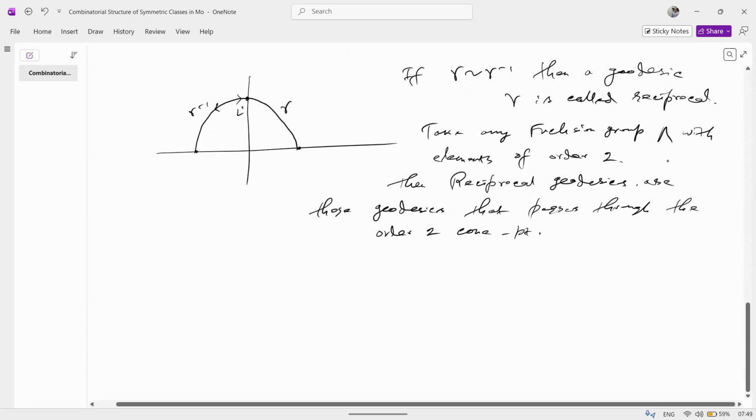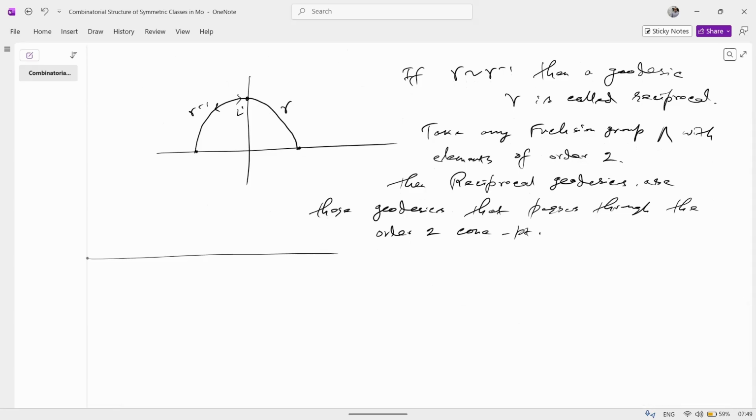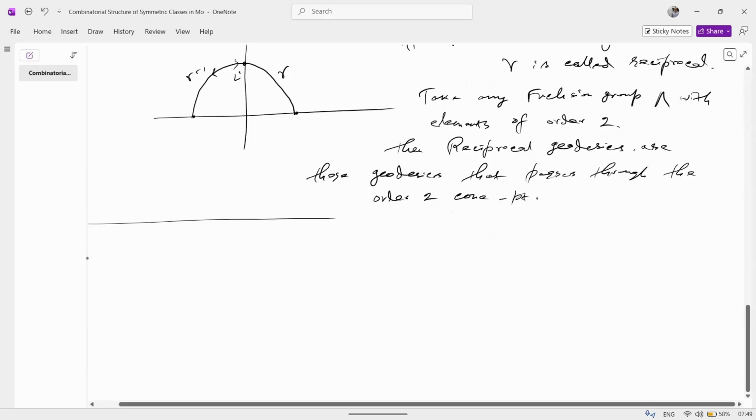So now I will take a slight digression and define the group theoretic counterpart for reciprocal geodesic for arbitrary groups, because this is a very general definition and can be asked for any group.